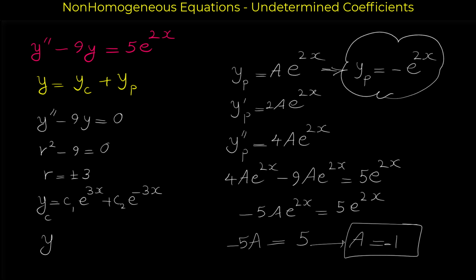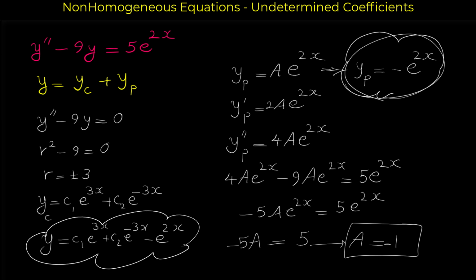And so the general solution y equals the complementary solution, which is c sub 1 e to the 3x plus c sub 2 e to the negative 3x, plus the particular solution, negative e to the 2x. And this is the general solution of this differential equation.